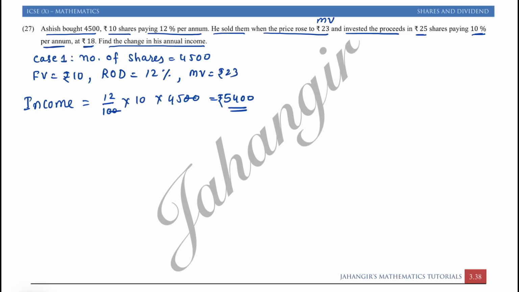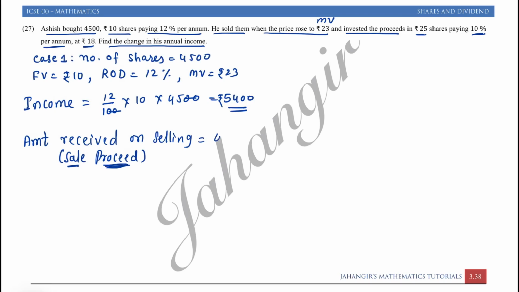Now he is selling the shares at rupees 23. So we can write the amount received on selling, which is also called sale proceed. Just write this in brackets. Proceed means you are putting this money again in another type of share. Proceed means you are taking this amount forward. Sale means after selling we are proceeding the amount to buy another type of share.